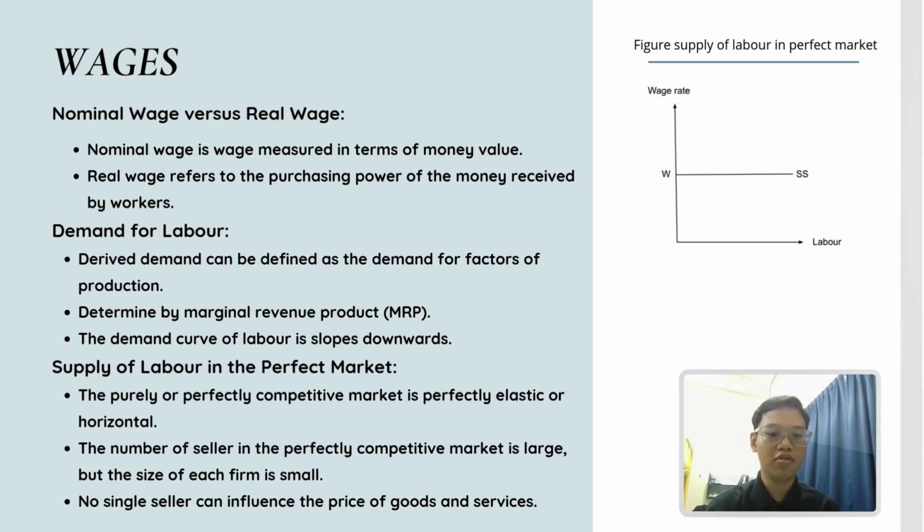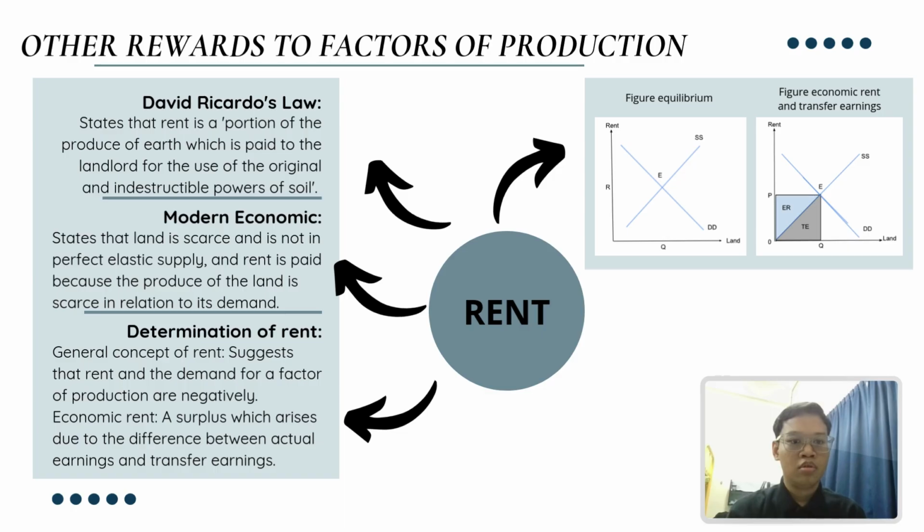Lastly, in supply of labor in the perfect market, the supply in a perfectly competitive market is perfectly elastic or horizontal. The number of sellers in the perfectly competitive market is large, but the size of each firm is small. No single seller can influence the price of goods and services.